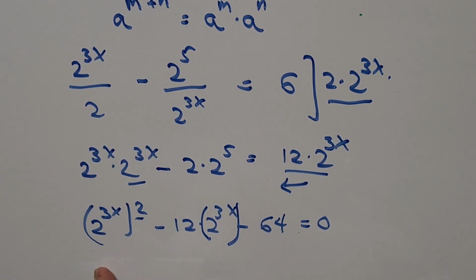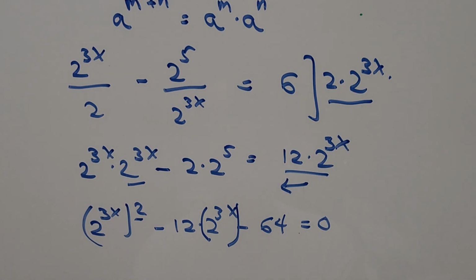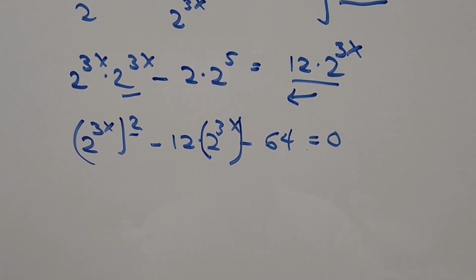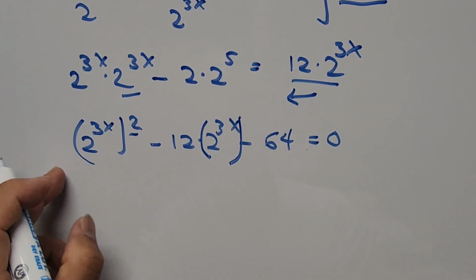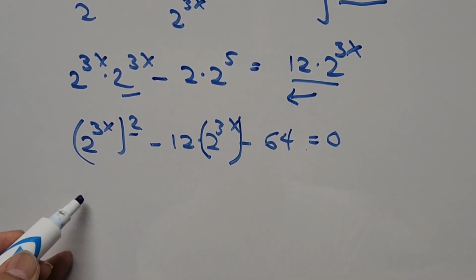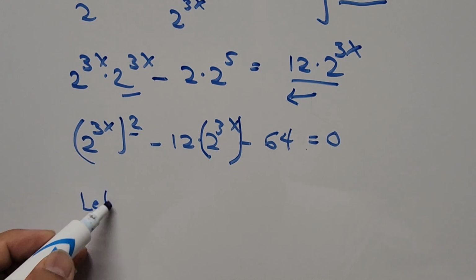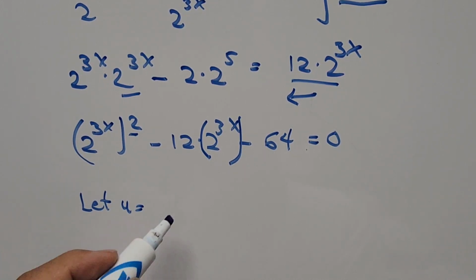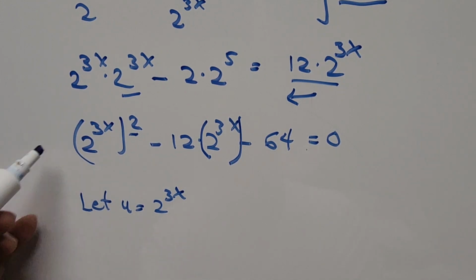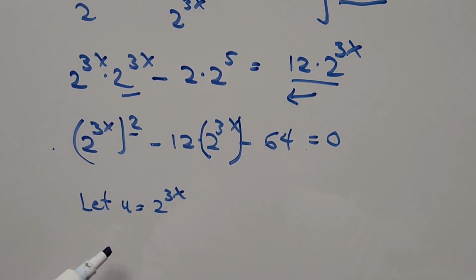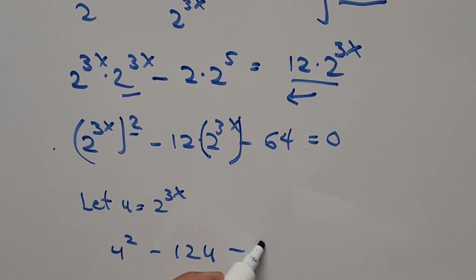So we define a new variable: let u be equal to 2 to the power of 3x, and substitute this into our equation. Now we have u squared minus 12u minus 64 equals 0.